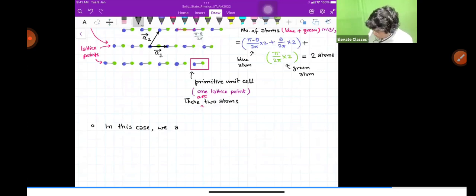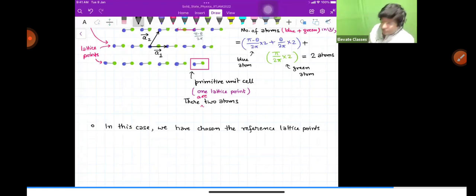So in this case, we have chosen the reference lattice points on the blue atoms.